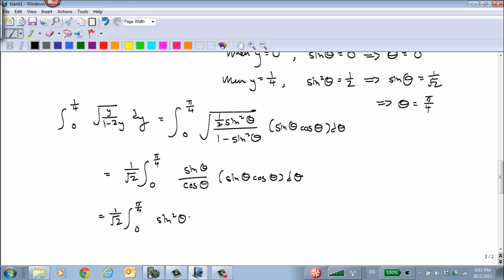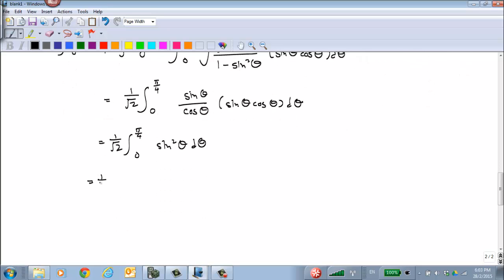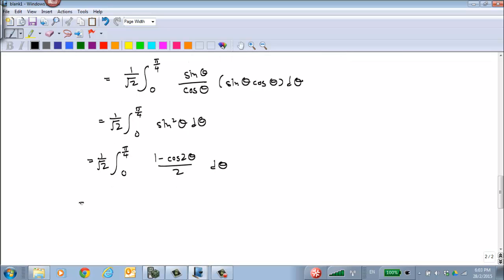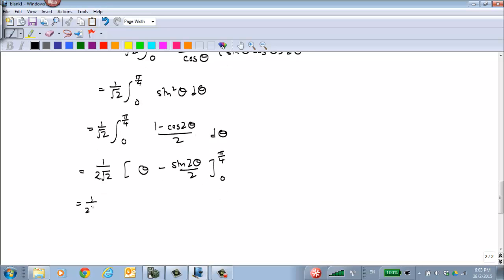So this is sine square theta. And how to integrate sine square theta? Well, we will use the double angle formula to remove the power so that we can do the integration. And then from here, we will know that this is pi over 4 minus half, and this will be the answer.